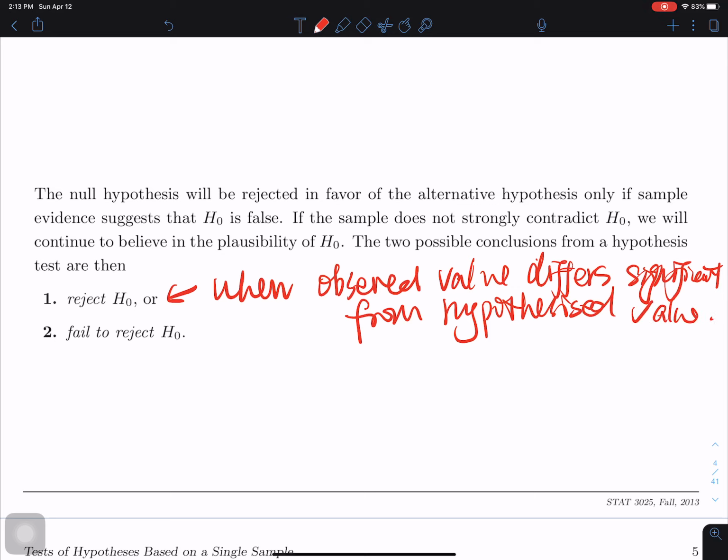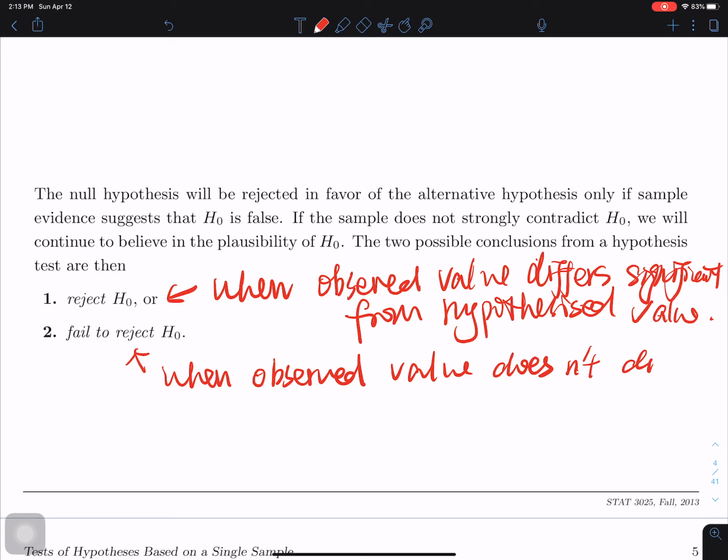And we do not reject H0 when the observed value does not differ too much from the hypothesis value.